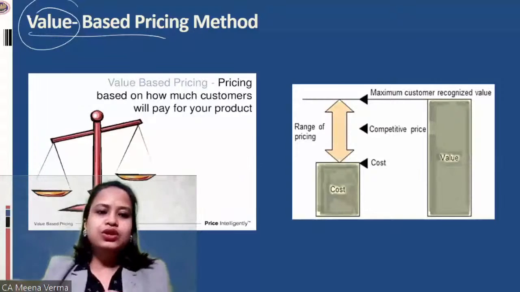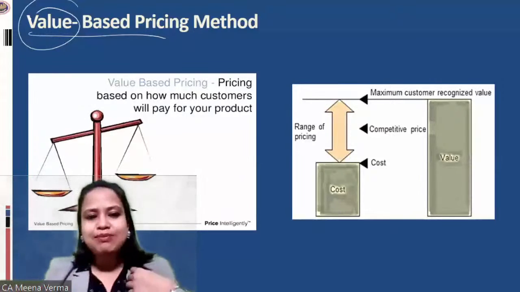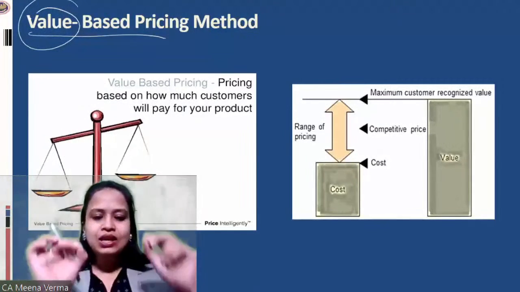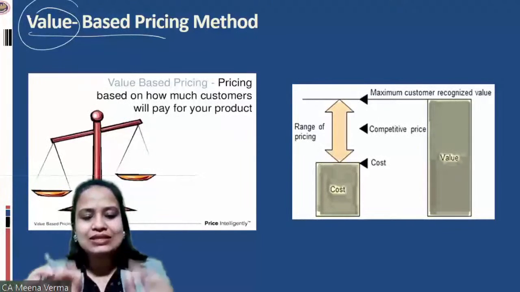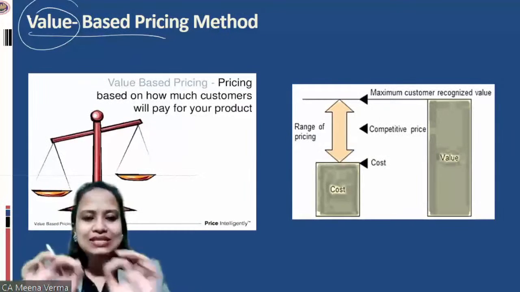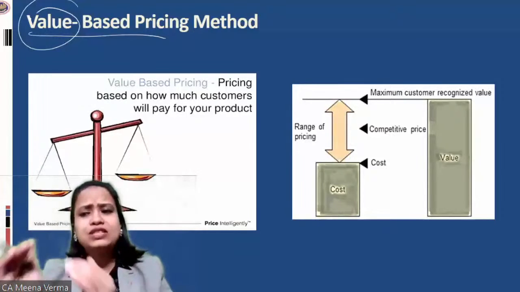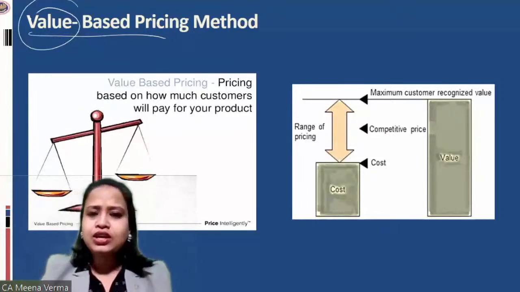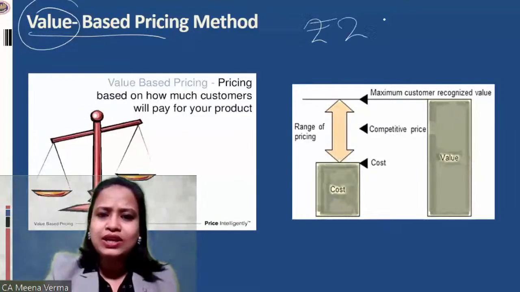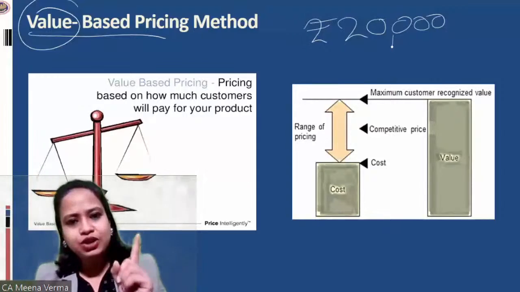So here value based pricing method means we will decide the selling price at such a point where the customer is willing to pay money. It's not like I'm deciding 20,000 per unit and not even a single customer is ready to pay me money.